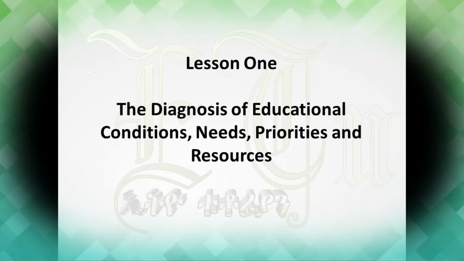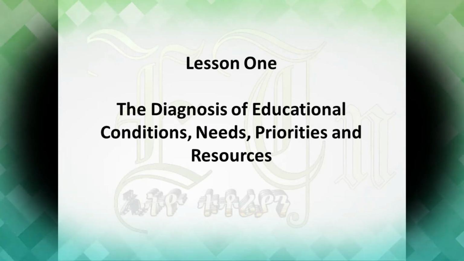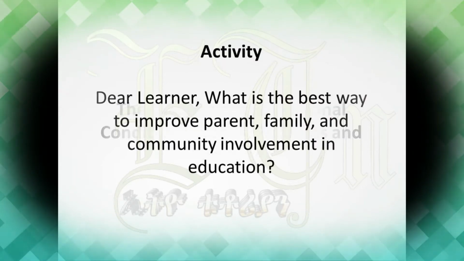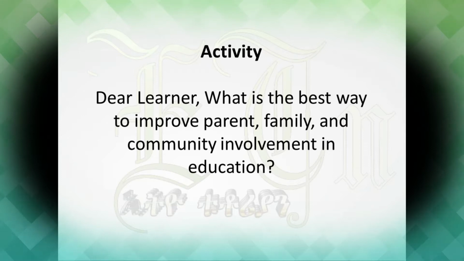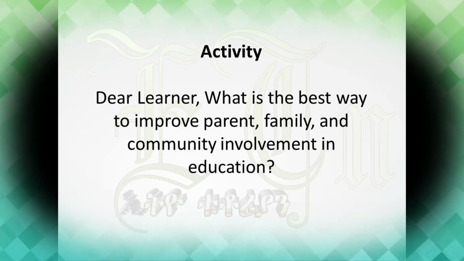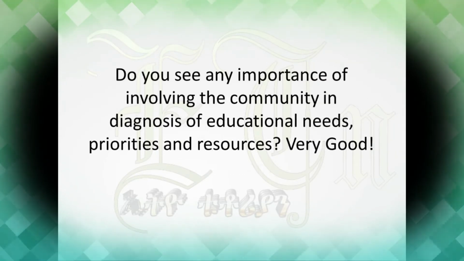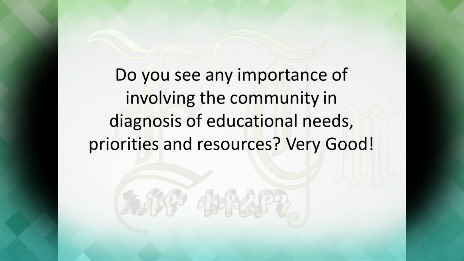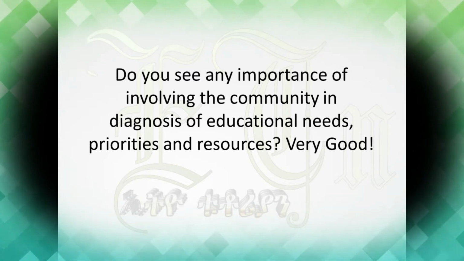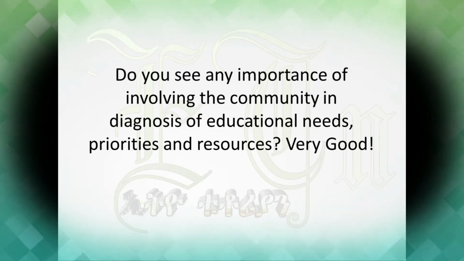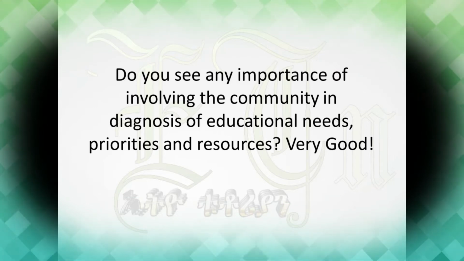Lesson 1, the diagnosis of educational conditions, needs, priorities and resources. Activity. Dear learner, what is the best way to improve parent, family, and community involvement in education? Do you see any importance of involving the community in diagnosis of educational needs, priorities and resources?